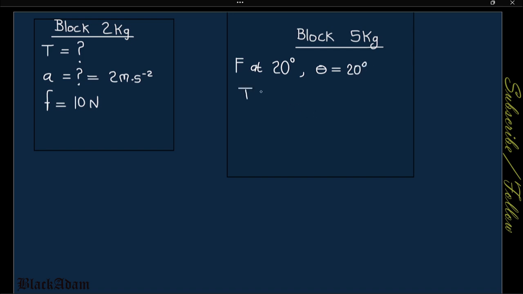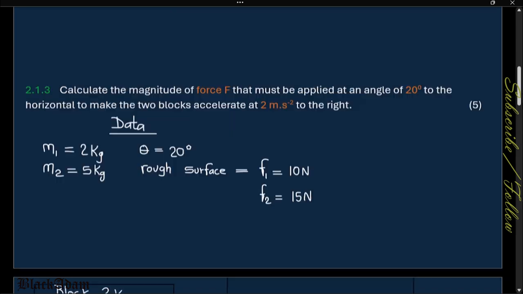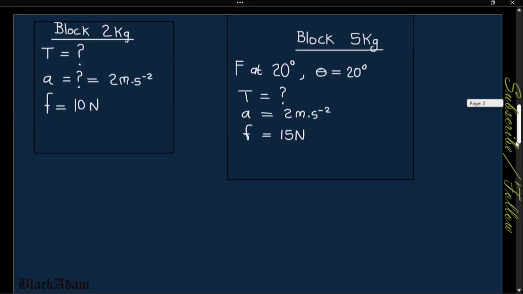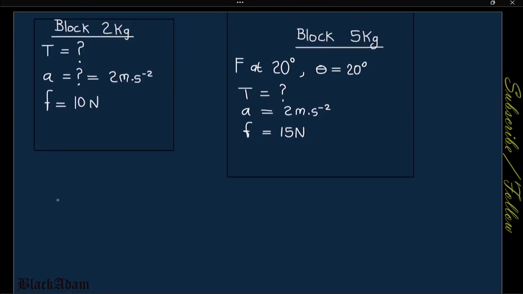We have tension, which we don't know, acceleration, which is 2 meters per second squared, and friction, which is 15 Newton for the 5 kg block. And then we're done with the data.